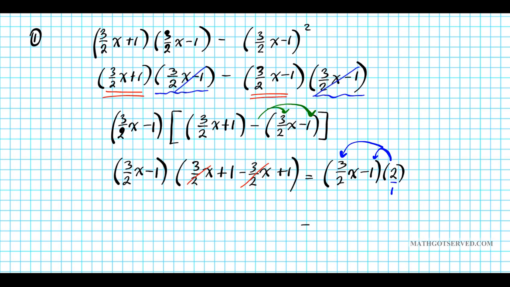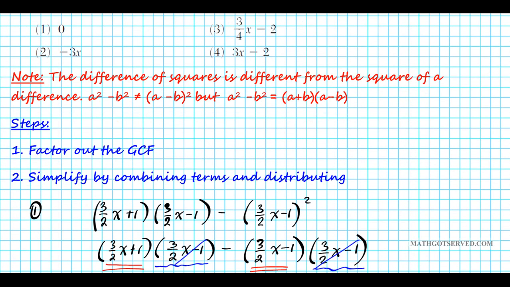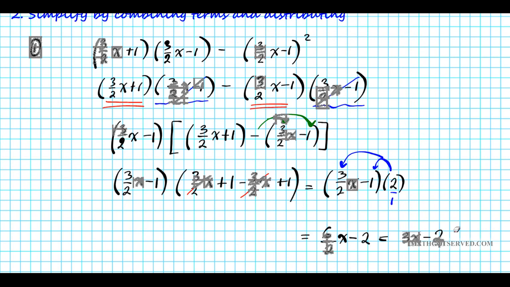If you do that, you have 2 times 3 is 6, and 1 times 2 is 2. So 6 over 2x minus 2 times 1 is 2. 6 over 2 is 3. 3x minus 2. So there goes your final answer. Our answer is option number 4.